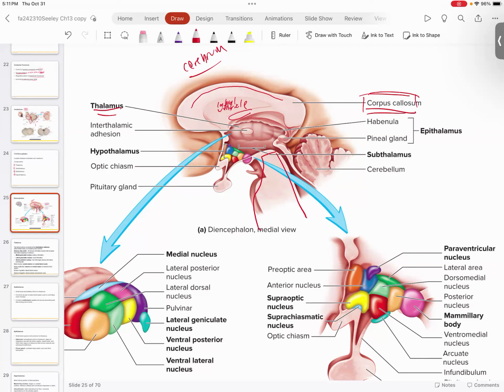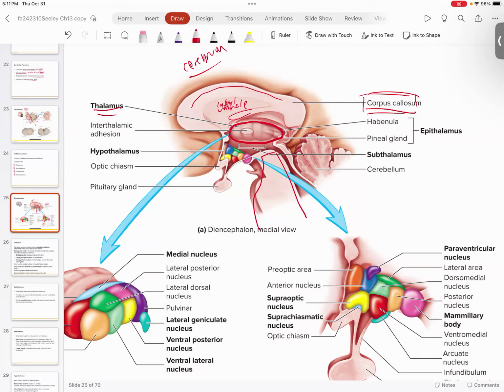Another structure that you'll see just below that corpus callosum and fornix area, that's where you're going to find your thalamus. Now, in your sagittal cross sections of your sheep brain, that just looks like a nondescript sheet of white tissue. So sometimes it's easy to see, sometimes it's not. But if you were to do a really focused, deep dissection of the thalamus, you'd find that the majority of what you're seeing in that area is thalamus.